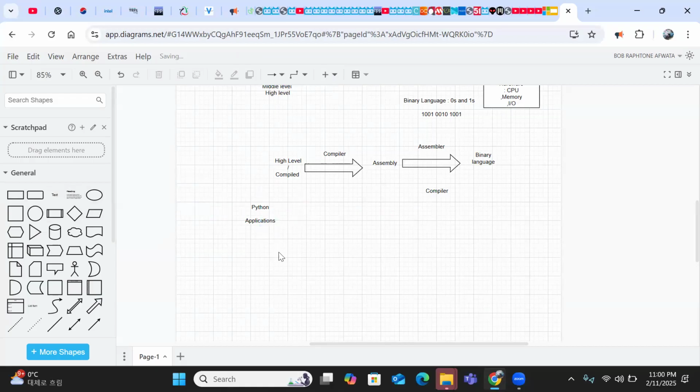And then we also learn about how it relates with other technologies, like AI, machine learning, and data science.